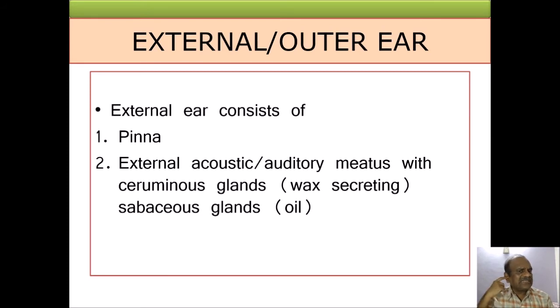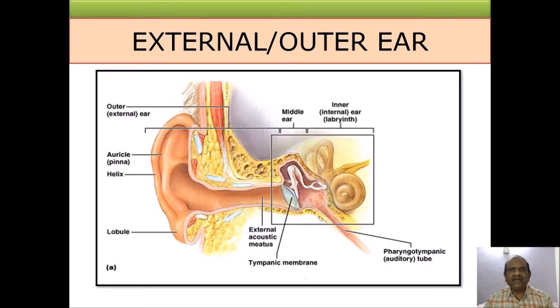You can see inside there is a canal or channel, what we call the external acoustic or auditory meatus, which consists of ceruminous glands which secrete, and apart from that, there are also other glands, what we call sebaceous glands. This is the structure of the external part of the ear.